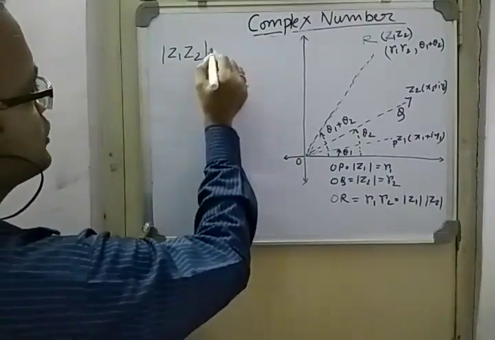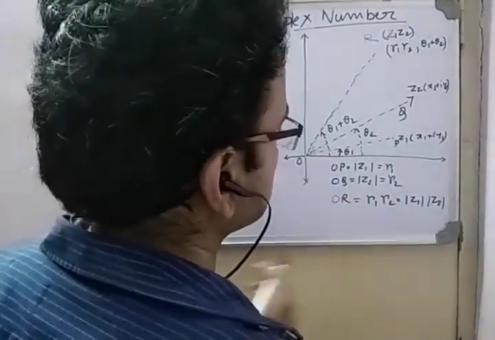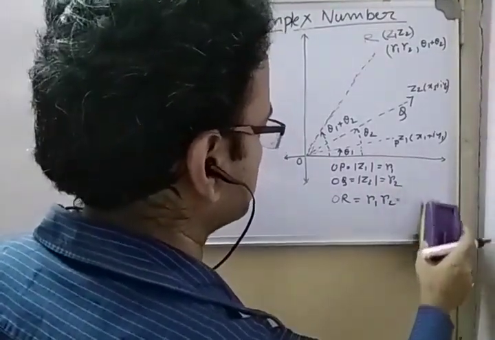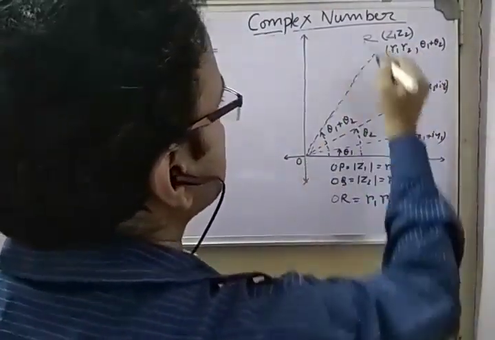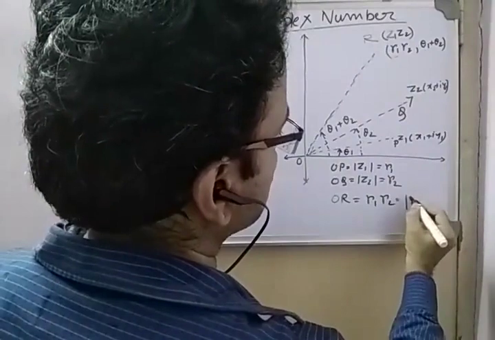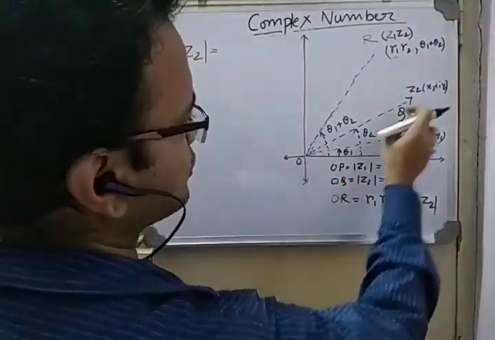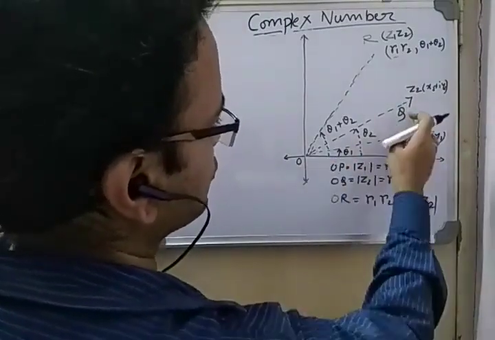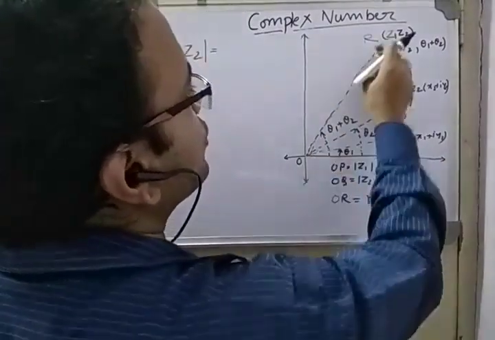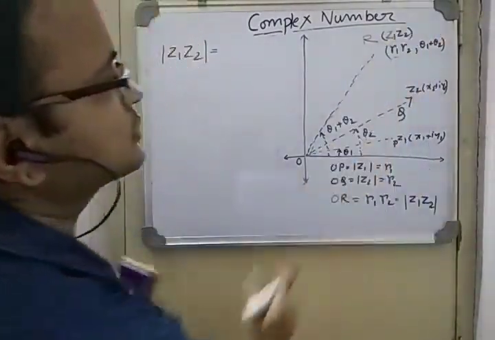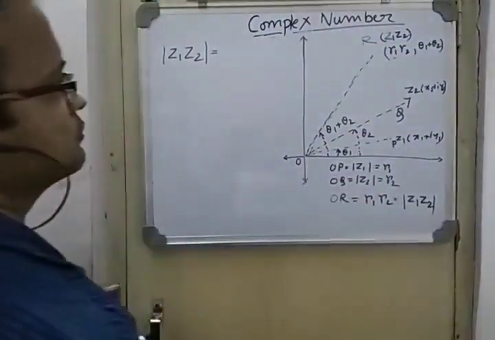If you take the mod of Z1 Z2, what is it? It is R1 R2. Let's write it directly. OR is actually the mod of that length. As Z2 is the point, OQ is mod Z2, and as Z1 is the point, OP is mod Z1. So if R is the point Z1 Z2, then the length OR will be mod of Z1 Z2.